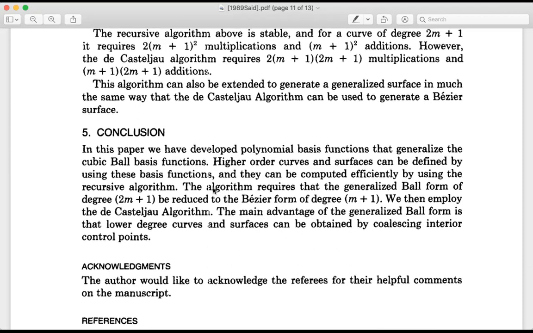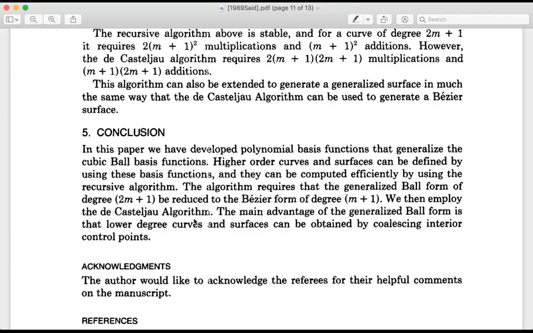So in order to calculate the points on the curve, the algorithm requires that the generalized Ball form of degree 2m plus 1, this is general degree n, will be reduced to Bezier form of degree m plus 1. And then we can use the recursive algorithm in order to print out the first half and the second half of the Ball curve.